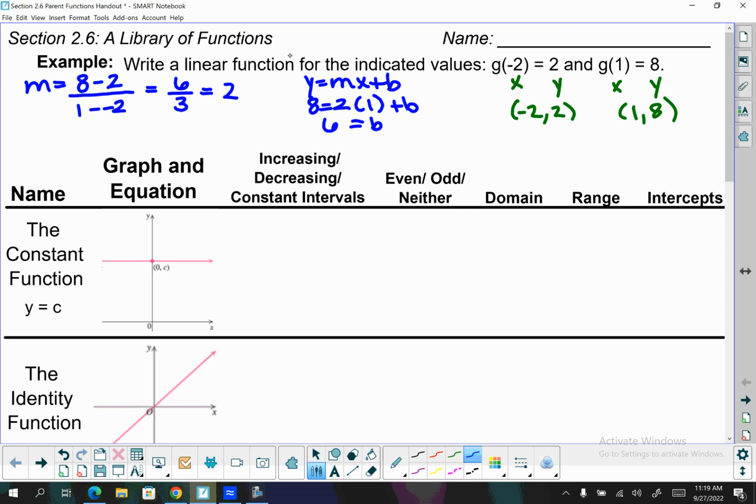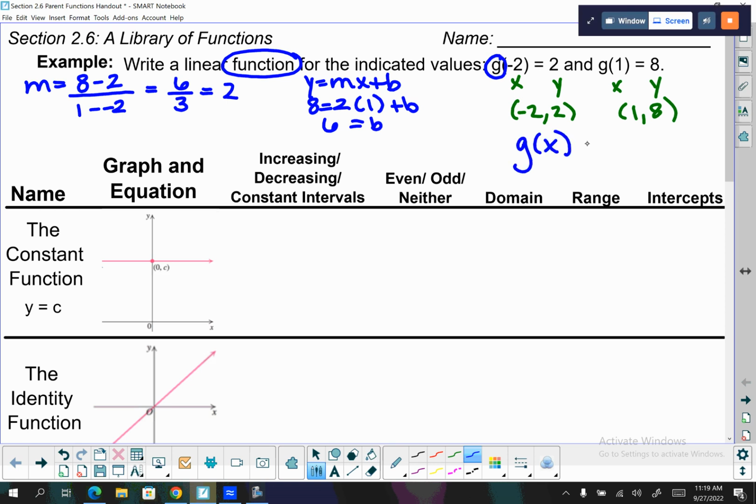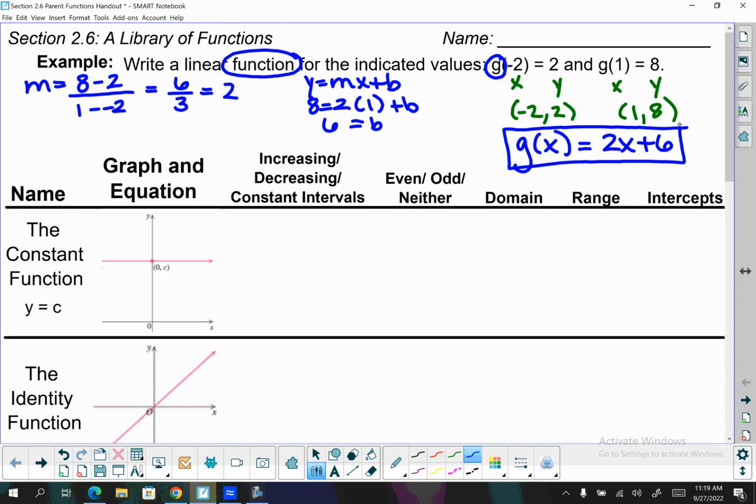Final answer, it said write a function, and they told us the name of the function. The function is function g. So instead of y in your final answer, make sure you write g of x equals mx plus b, which is 2x plus 6. Okay, so just instead of a y, we're using that function notation for that one.